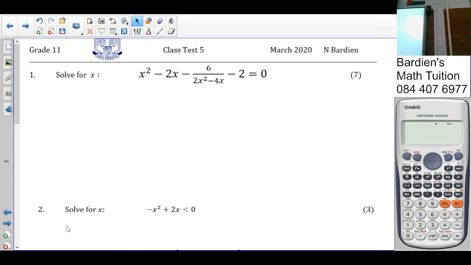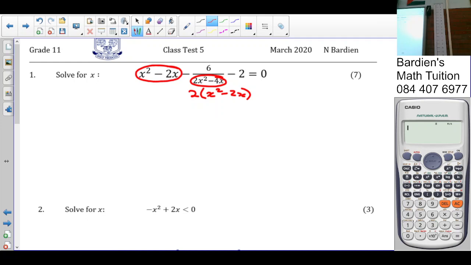So, you should see x squared minus 2x in this, which is 2x squared minus 4x. What's the difference? It's a factor of 2 being multiplied through it. Well, I'm going to take a factor of 2 out. So we got 2 into x squared minus 2x as your denominator.